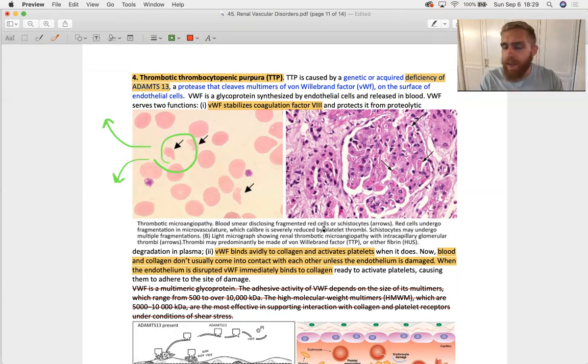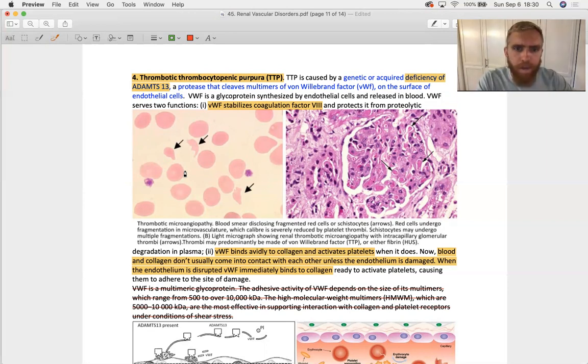And then the heme in that tissue has a pigment to it. That's why your blood's red. And so when red blood cells get stuck in the interstitium of the skin because they leaked out of skin capillaries, you get little red dots all over your arm. Hope that makes sense. TTP, what causes it? A deficiency of ADAMTS13, that's how I'm going to pronounce it, which is a protease that cleaves von Willebrand factor.